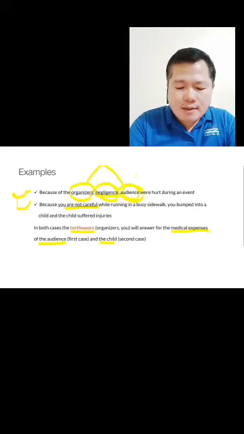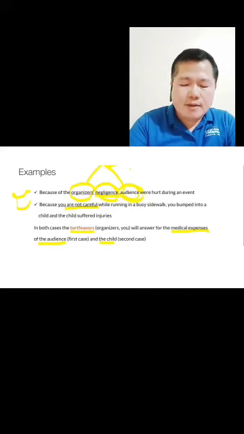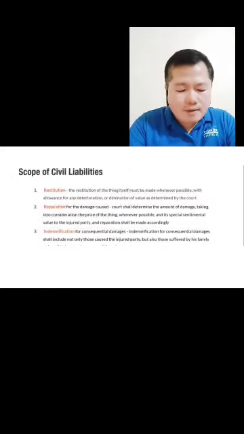But normally, it will not result in criminal liability. But there are rare cases that a quasi-delict will result in criminal liability. So it's quite a complicated topic. Okay? So I will not expand here. Okay, so we'll proceed to the next.